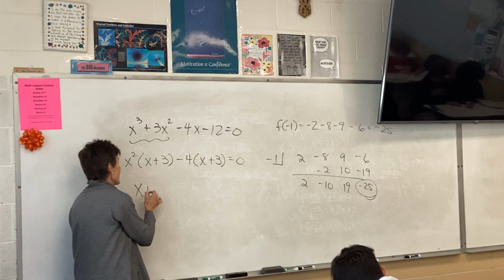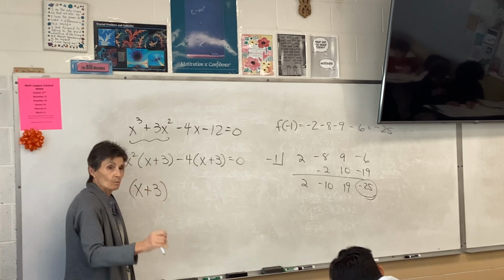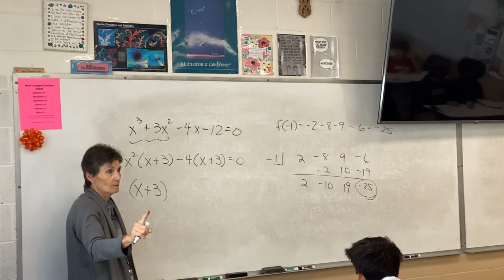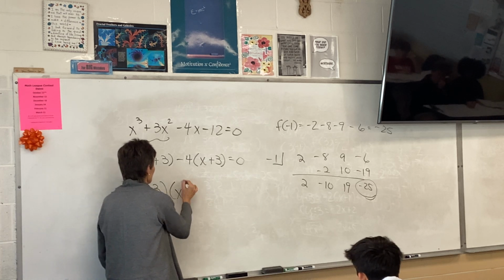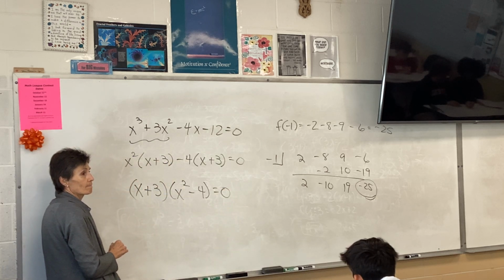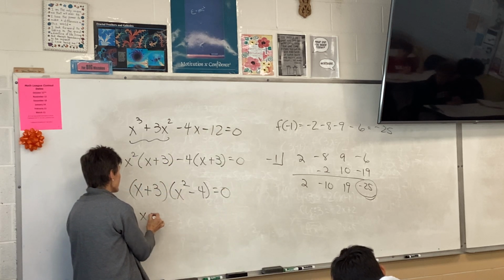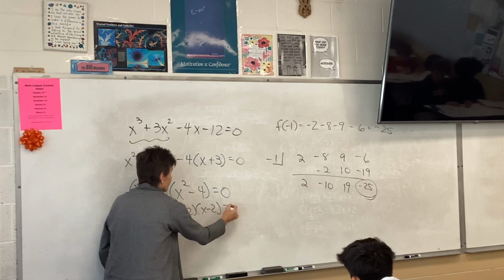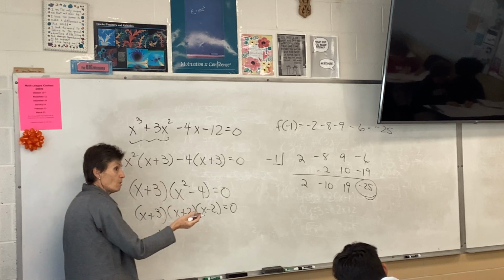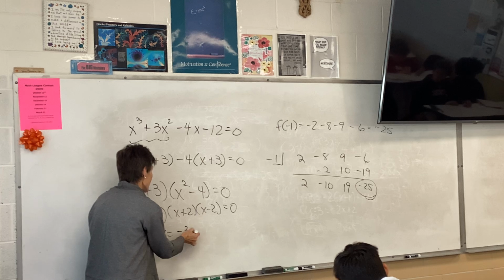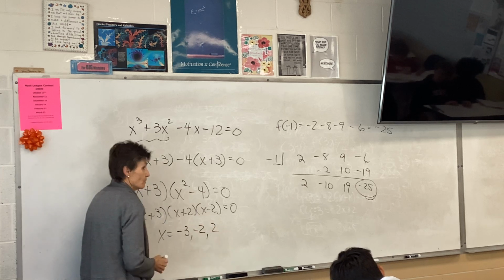Write down the match one time, and then write down the leftover part. Then we notice that the leftover part factors. So what are the zeros or the solutions for solving the equation? Negative 3, negative 2, and 2, so plus or minus 2.